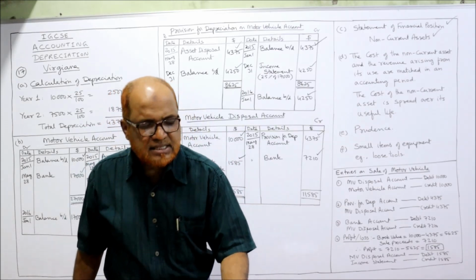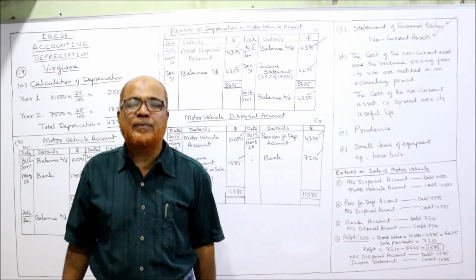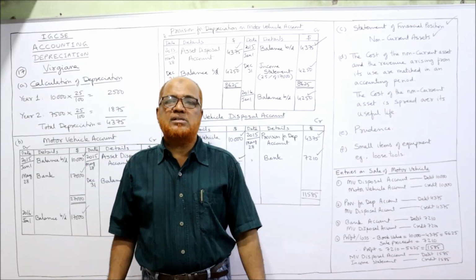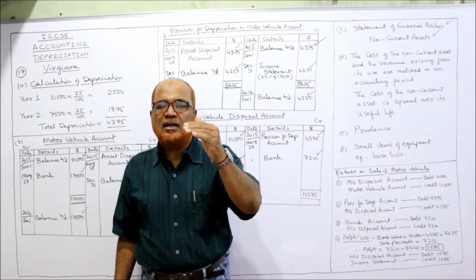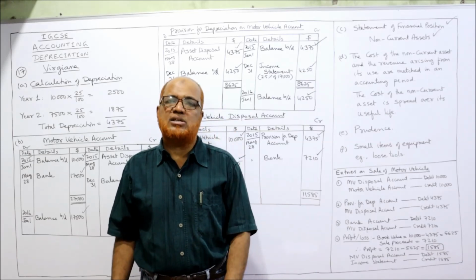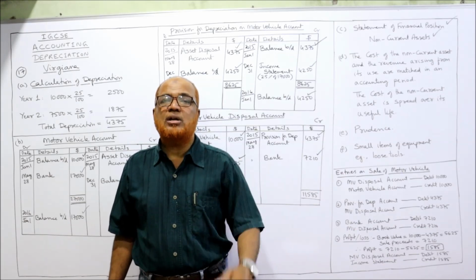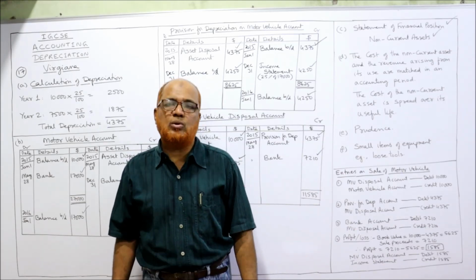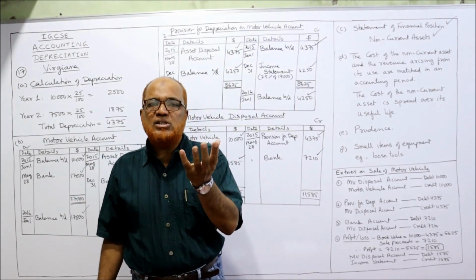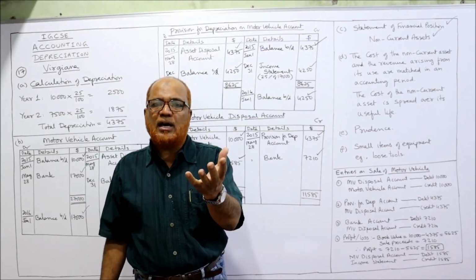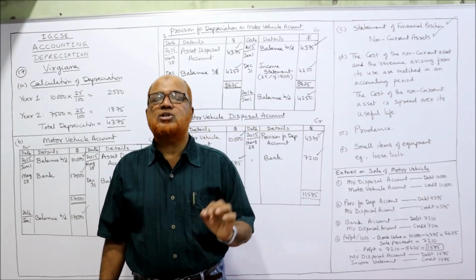Last one. State the type of asset for which the revaluation method is suitable. There are many methods of depreciation: straight line method, reducing balance method, then revaluation method, etc. Now, for which type of asset is the revaluation method most suitable? Remember the point. If the value of the non-current asset is small, then it is better to apply the revaluation method.